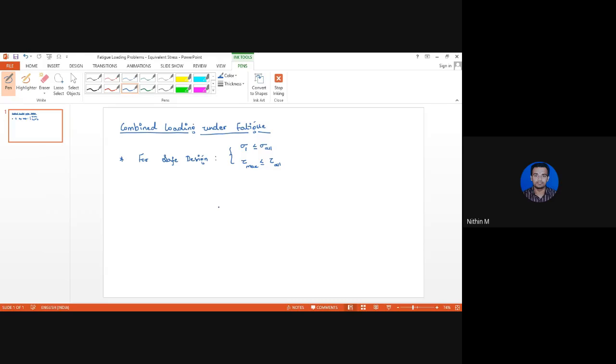And secondly, you know that whenever we are making use of ductile materials, we will be making use of Soderberg's equation. Whenever we are making use of brittle materials, we will be making use of Goodman equation. For the purpose of illustration, let us consider Soderberg equation. Right? What is Soderberg equation?